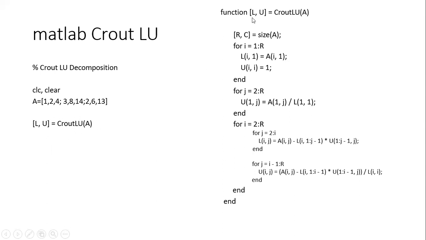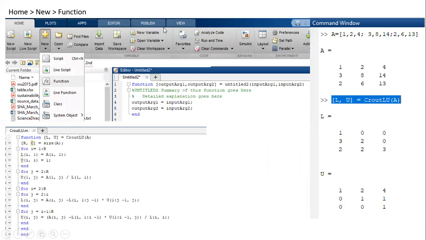To enter this function, you need to click Home, then click New from the drop down menu, then just select Function. This will be the default. For the editor and function, just copy paste this code to this editor. We can create a function for the Crout LU decomposition.